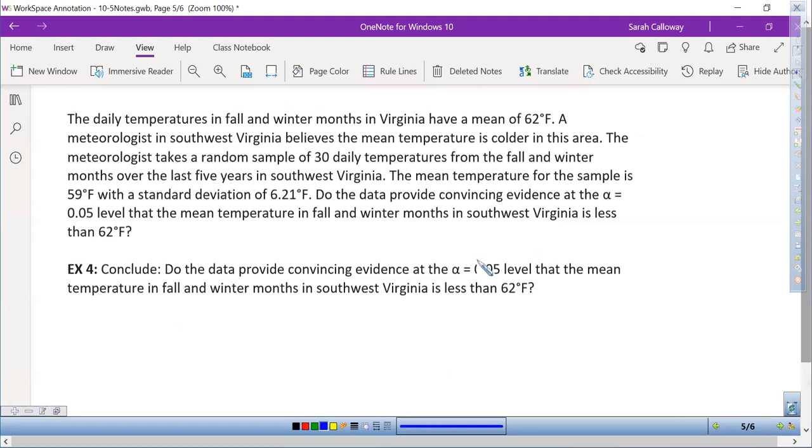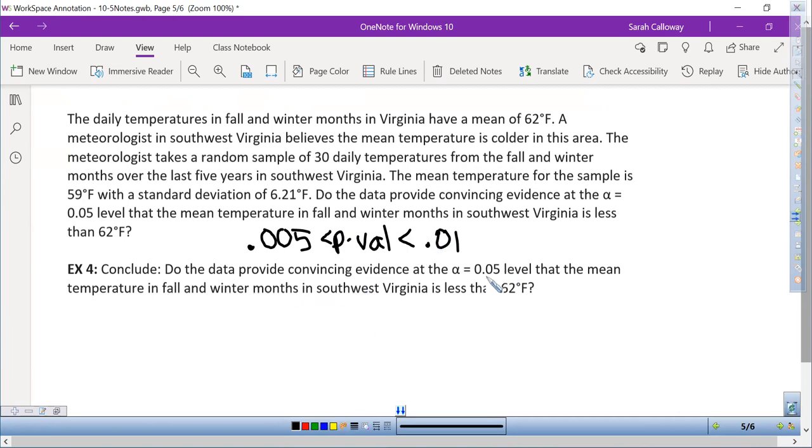So what we want to do is use that p-value to identify a conclusion. So I'm just going to write down what we had for our p-value. Remember that our p-value was between 0.005 and 0.01. So it was between 0.5% and 1%.